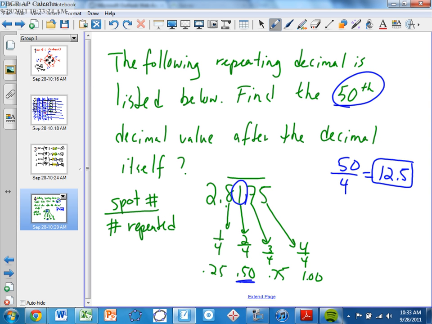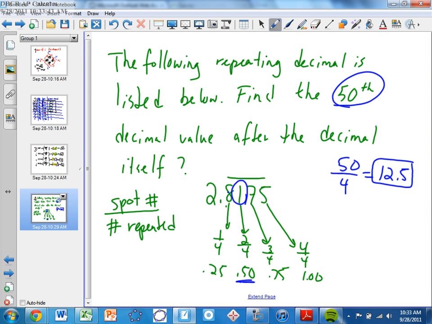Now, if you listed these, watch what will happen. The first 4, the next 4 will give me 8, 12, 16, 20, 24, 28, 32, 36, 40, 44, 48, and then we got 49, 50.